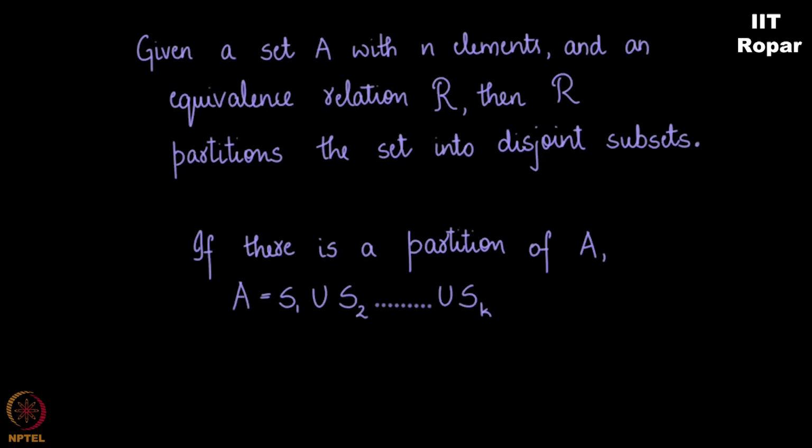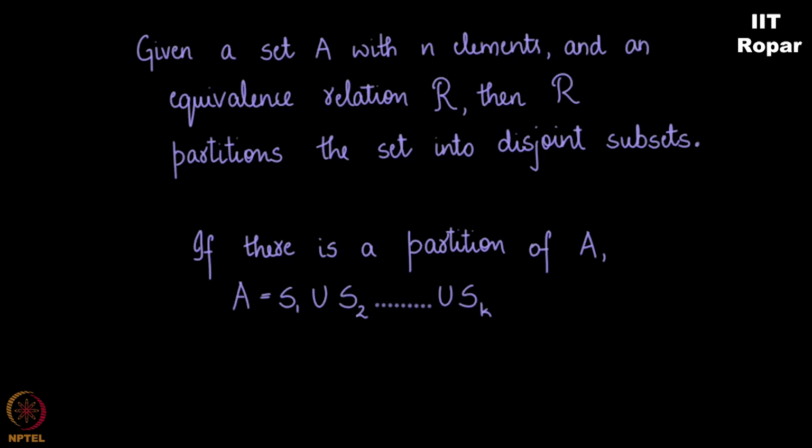You simply take A and classify it as S1, S2 up to Sk. Let's say, for example, you take all citizens of India and classify them based on the states that they belong to. People belonging to Maharashtra, Karnataka, Tamil Nadu are all classified as these sets S1, S2 up to Sk. K is the total number of states in India.